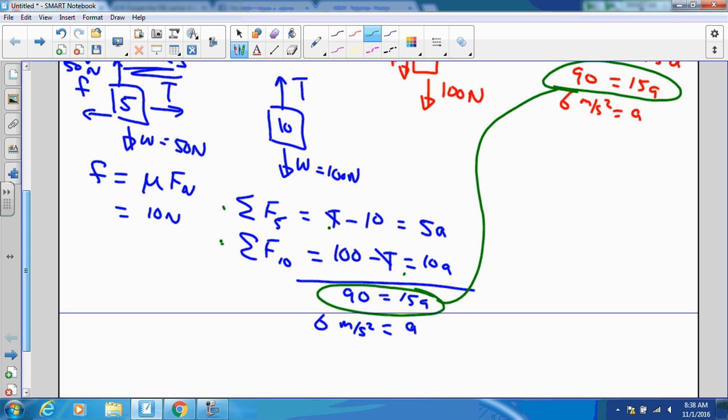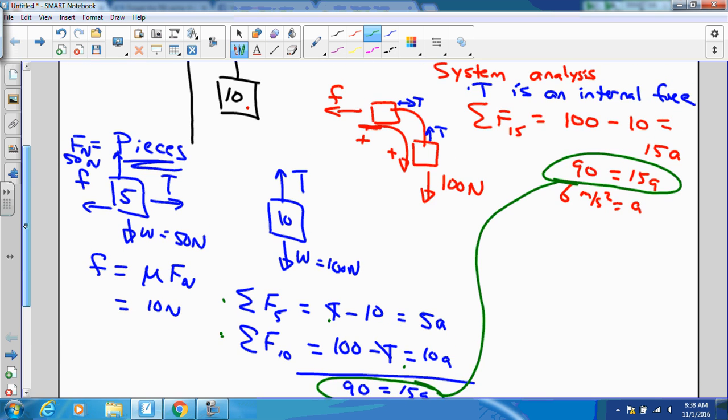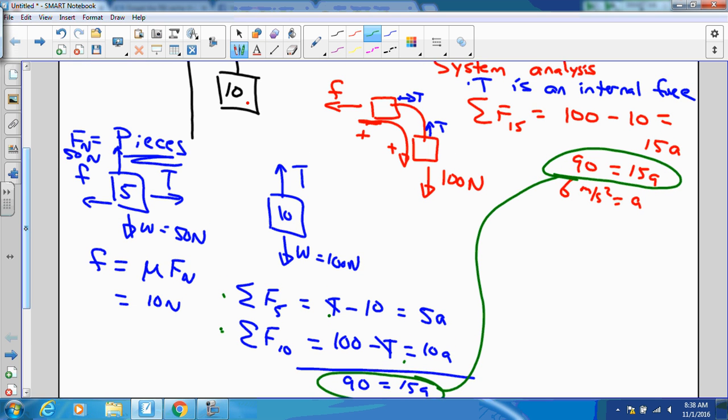And when we did, lo and behold, the tensions canceled out so that the math imitated the physics. The math here imitated the physics over here. Does that make sense? So, now let's apply that to a couple of the problems that you looked at last night.